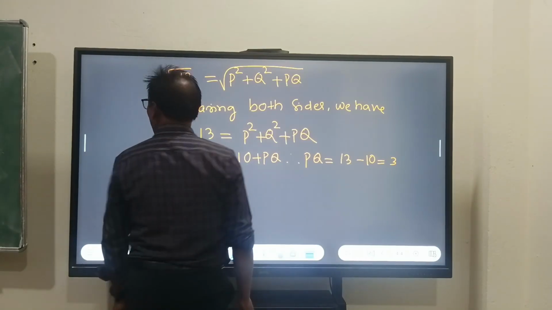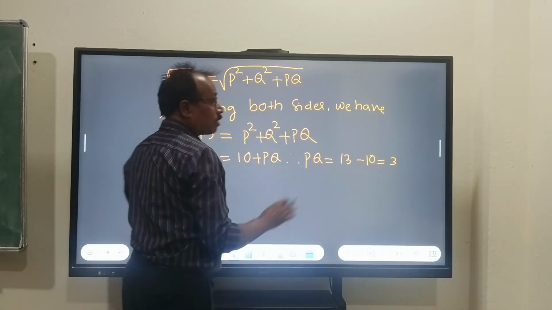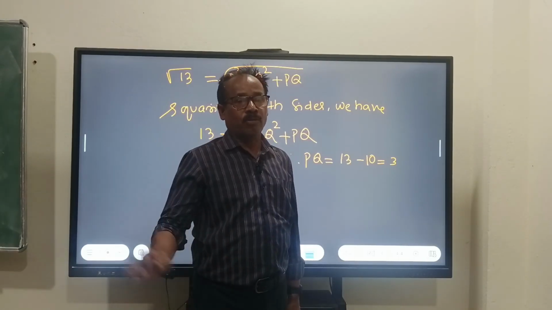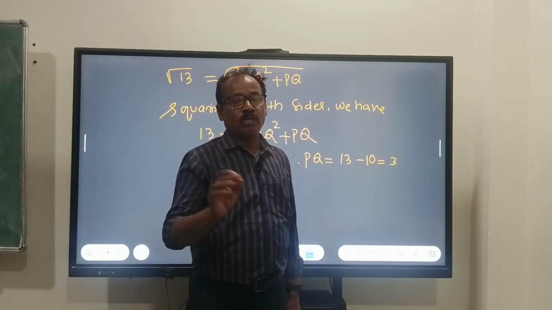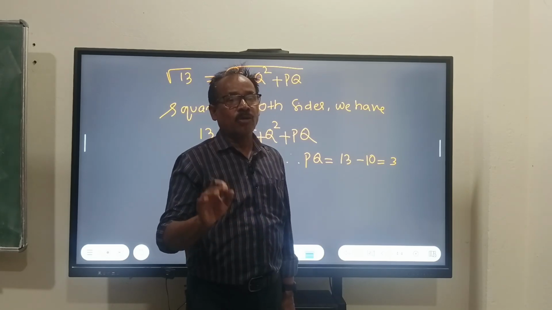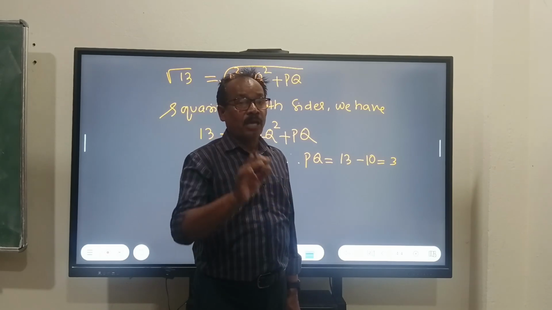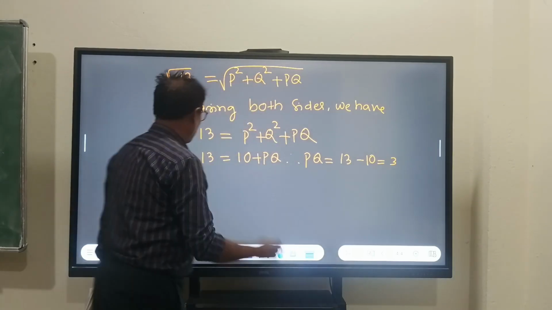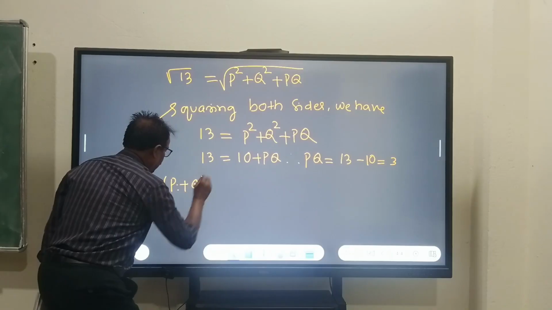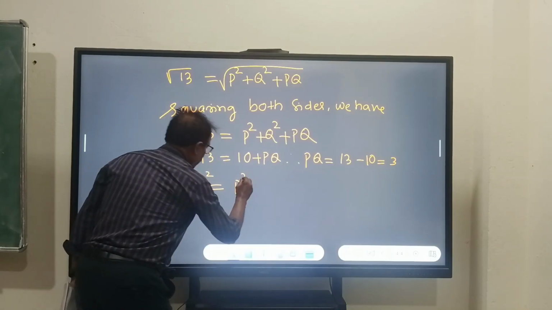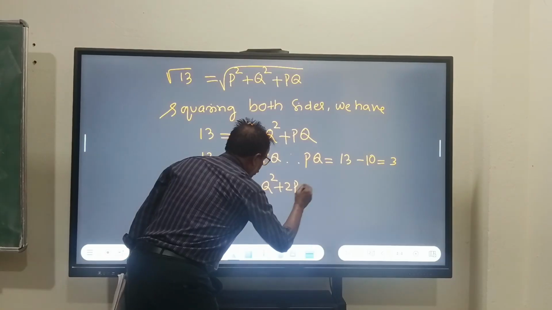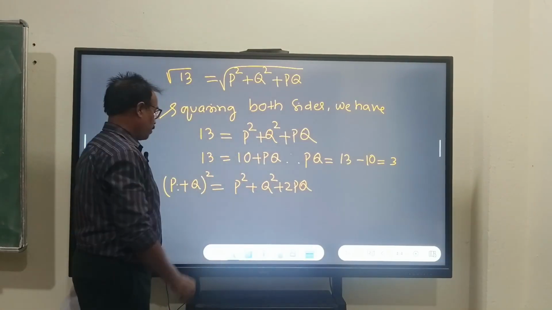You know from high school, P plus Q whole square is equal to P square plus Q square plus 2PQ, and P minus Q whole square is equal to P square plus Q square minus 2PQ. Here we apply those equations. P plus Q whole square is equal to P square plus Q square plus 2PQ.